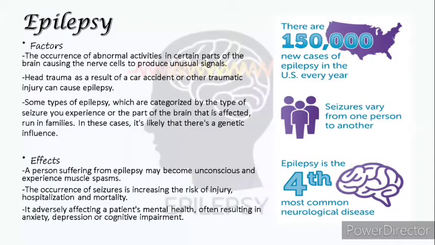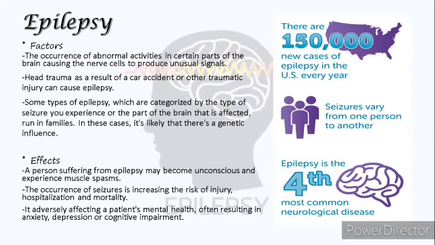The factor of epilepsy is the occurrence of abnormal activities in certain parts of the brain, causing the nerve cells to produce unusual signals. Head trauma as a result of a car accident or other traumatic injury can cause epilepsy.